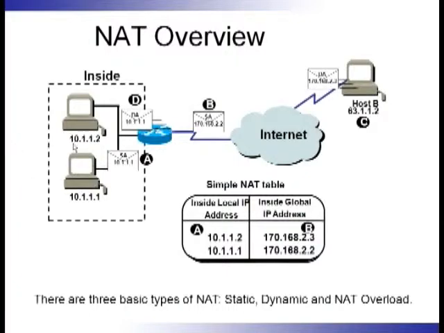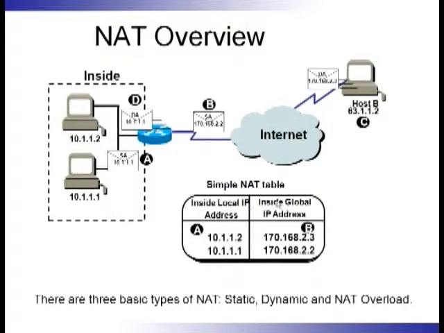Simple NAT overview is something like this. There's inside private IP addresses, and then there's the internet. So we need to be able to configure this router without looking up the answers. This router is going to create a NAT table. Say, here's my inside local IP addresses of 10.1.1.1 and 10.1.1.2.